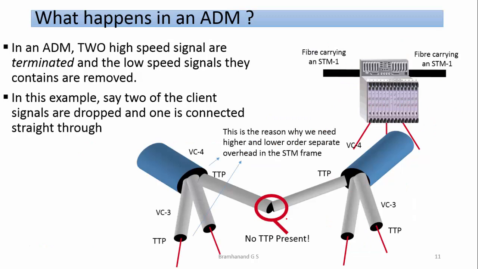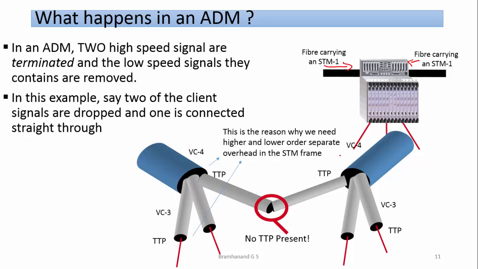Let's see what happens in an ADM. Let's take an example. We know that in an ADM there will be 2 high-speed lines, and there could be n number of tributary signals.